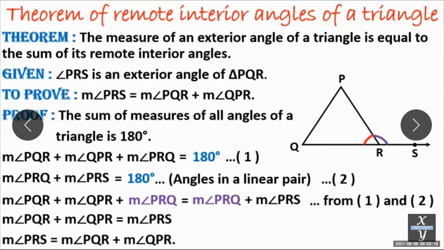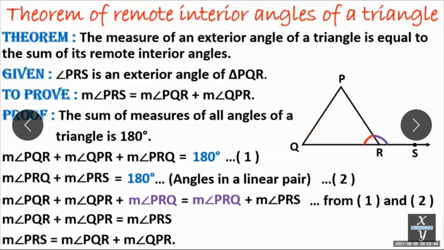So given that angle PRS is an exterior angle of triangle PQR. See here, angle PRS, that is the exterior angle of given triangle PQR. Right? Now we have to prove that this exterior angle R equals these two remote interior angles.